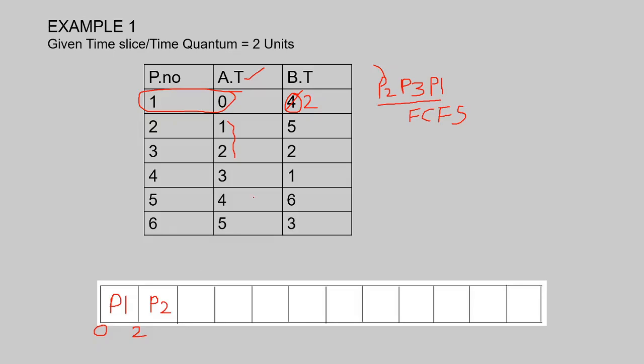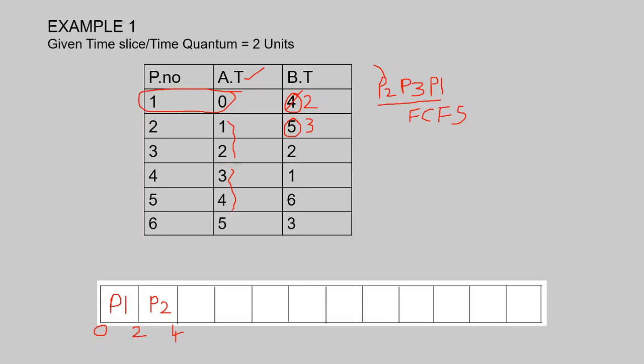Now process P2 is going to execute for 2 units, that is 2 to 4. Out of 5 it has executed 2 units, so still 3 units are remaining here. Now when process P2 is executing, check which other processes are in the queue now.